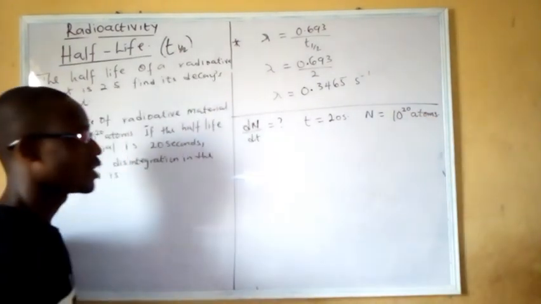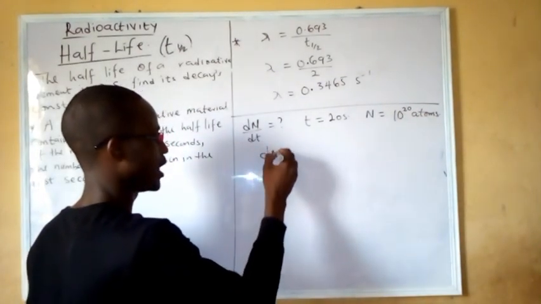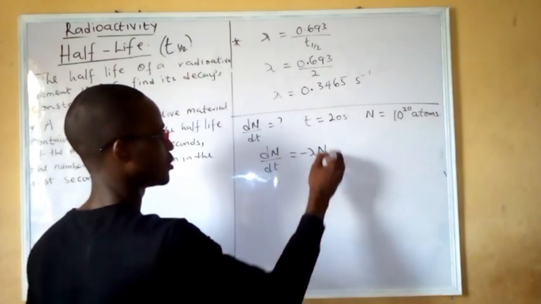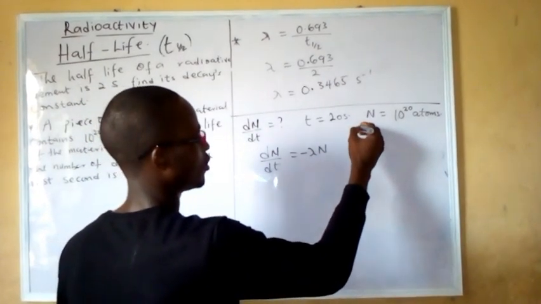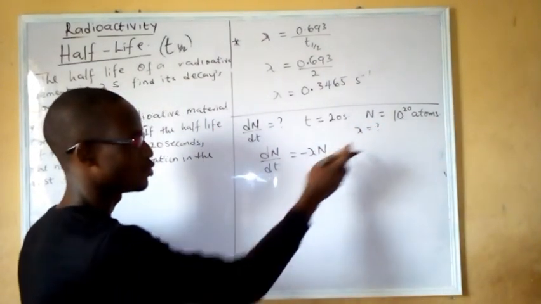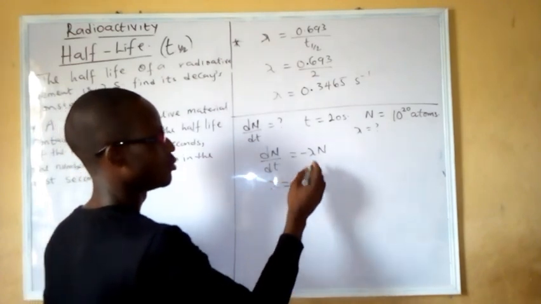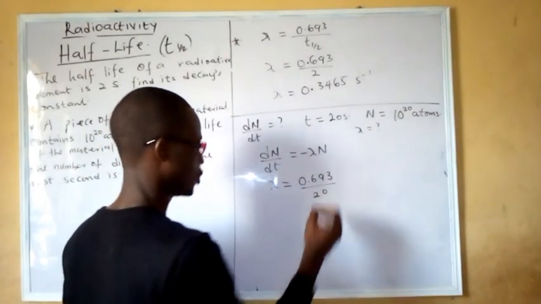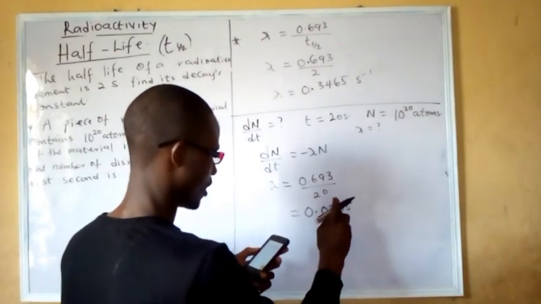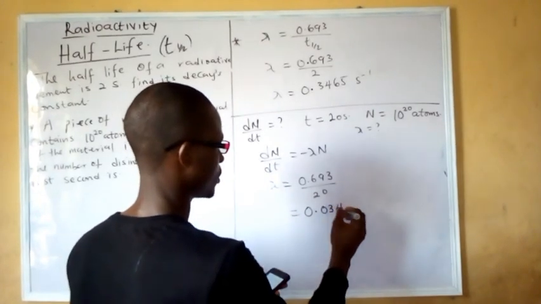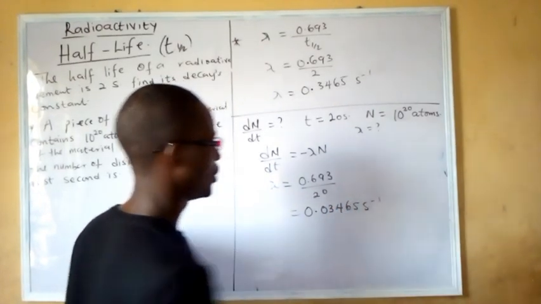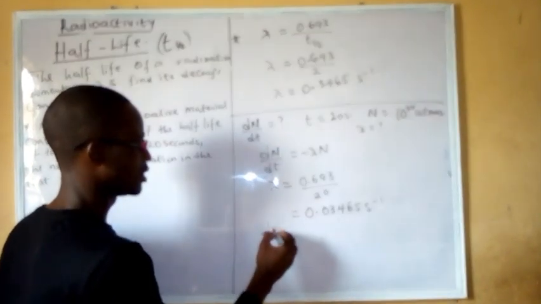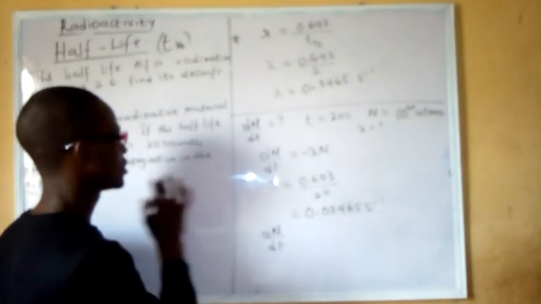So firstly, before we can find the count rate, don't forget the count rate is equal to minus the decay constant multiplied by n. However, we don't have our decay constant. So to find that, we have 0.693 all over the half-life, which is 20. That is 0.03465 per second. So if this is the decay constant, then we can find the count rate, which is the number of disintegrations in the first second.